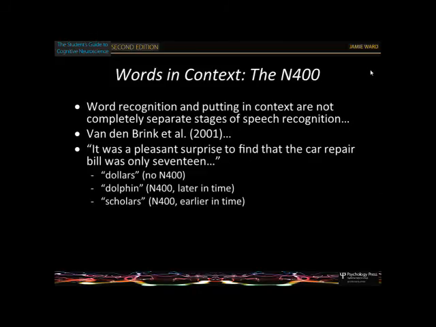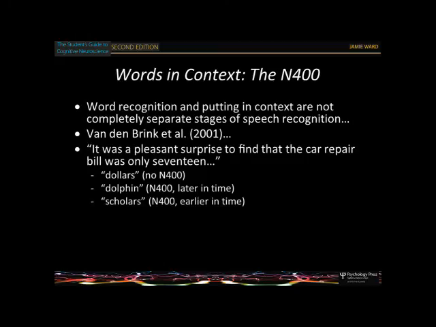And the evidence is basically that they're not completely separate, that you don't have to wait for a word to be recognised fully before you get that. So here, this is an ERP study that effectively varies, well, it's not varying the uniqueness, it's varying the context. So if we read this sentence here, it was a pleasant surprise to find that the car repair bill was only $17, and here you're expecting dollars.